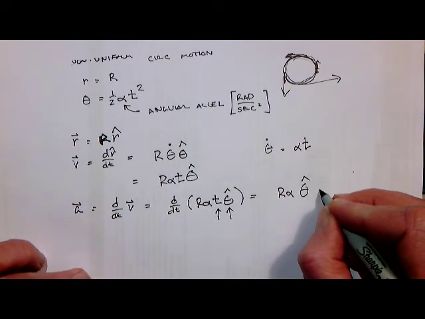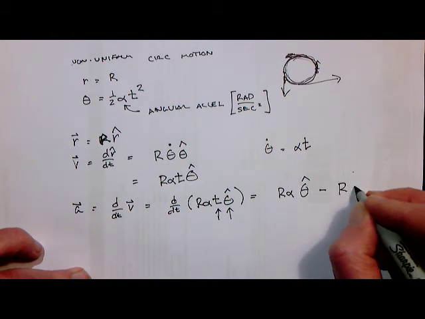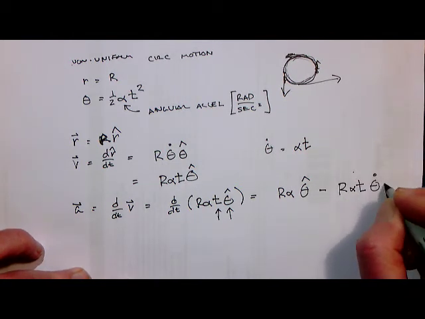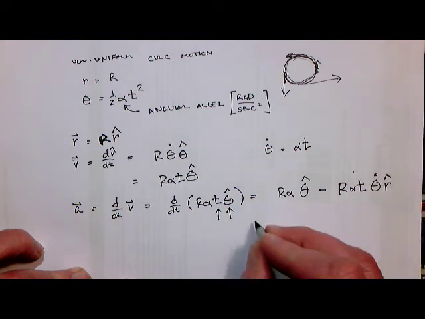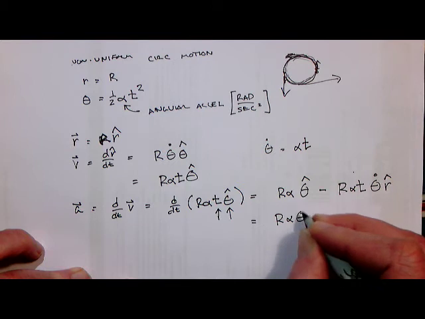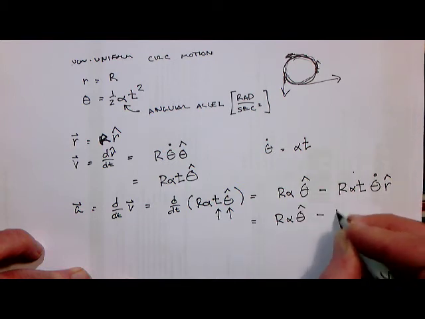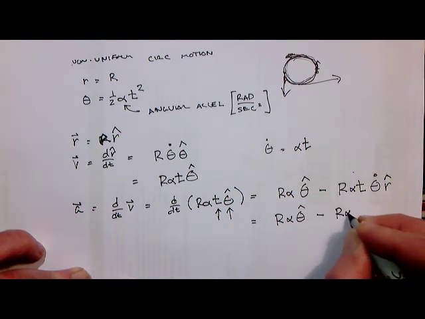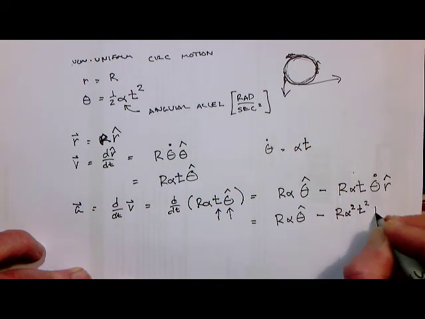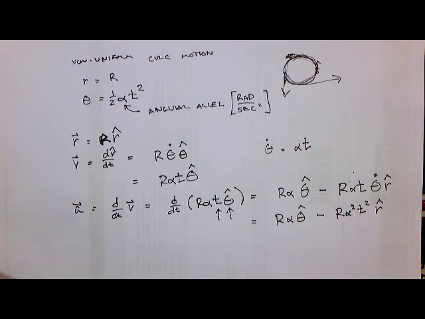Then we're also going to get minus R times alpha times t times theta dot times r hat. In other words, I get R alpha theta hat minus R alpha squared t squared r hat.